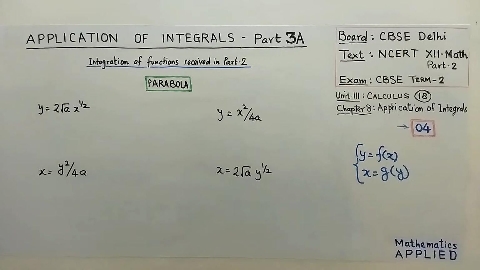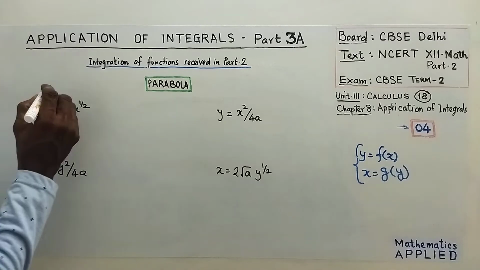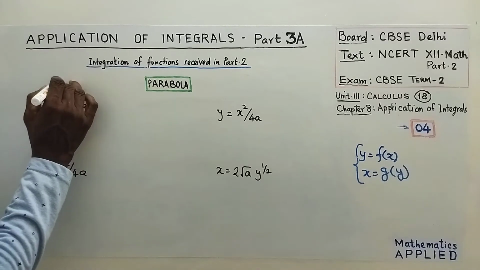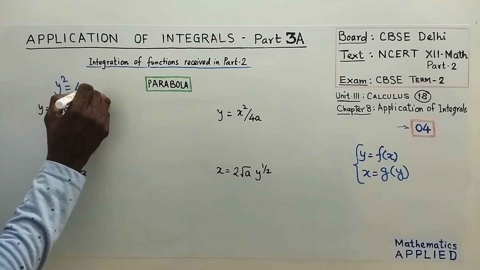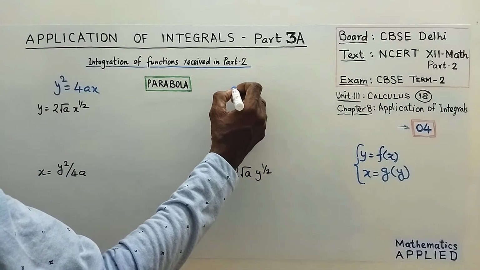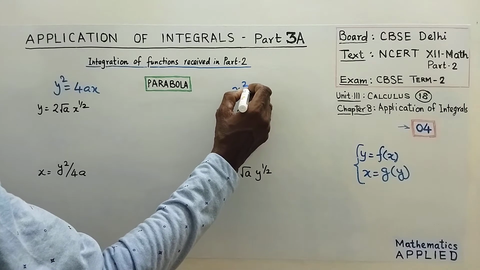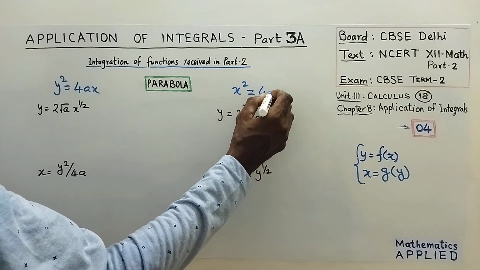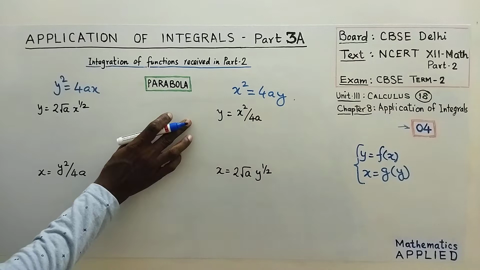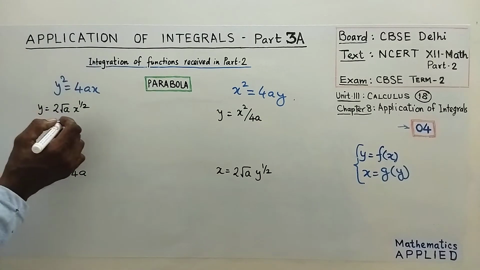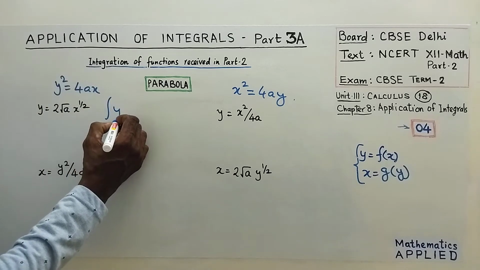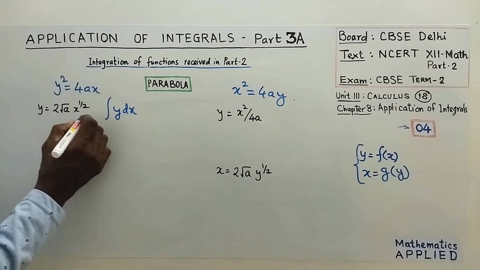In case of the parabola, we had these formations. So let's see what their integrations are. Now this is for the parabola that is open on the right side. So y square equals 4ax was the equation, and here this part is for x square equals 4ay, right? These are the two formations for this. So when we integrate y dx, it's a function of x.